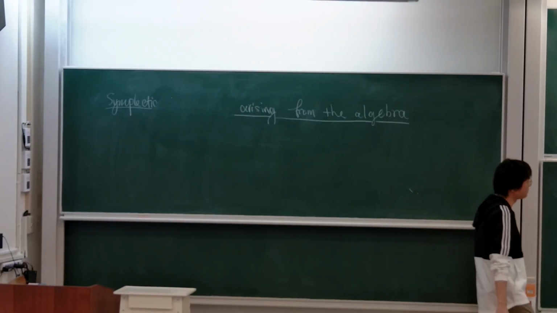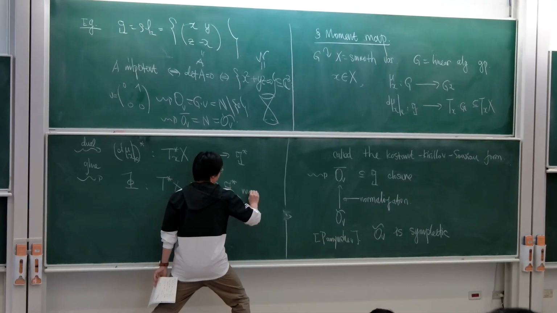This is called the moment map of this action of G on X.